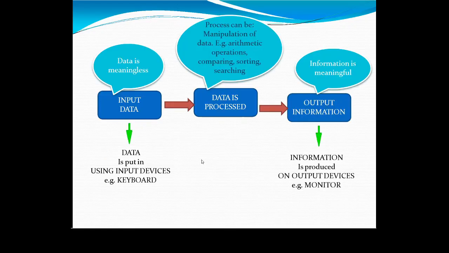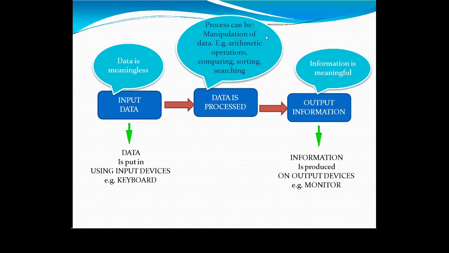So you see how data is given as input, then it is processed, then it becomes output or information. First we input data. Here data is meaningless, that is raw data. Here data is put in using devices, for example, keyboard or mouse.